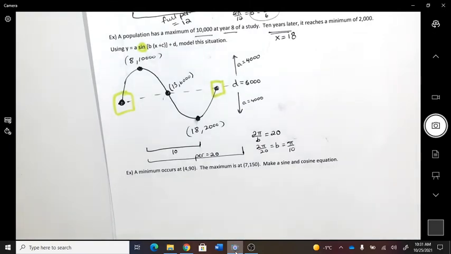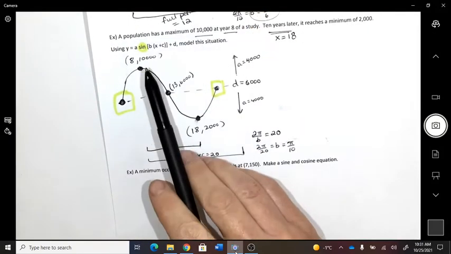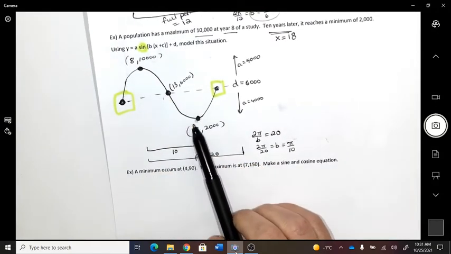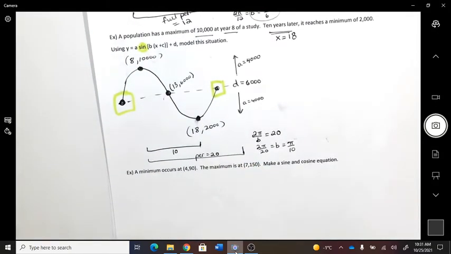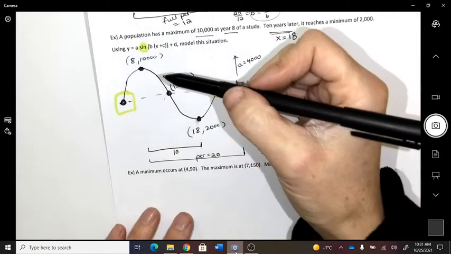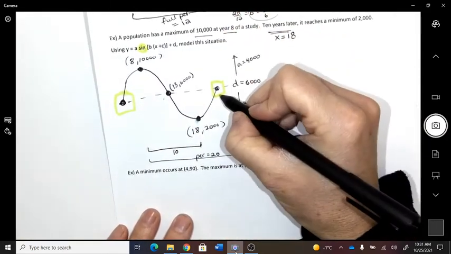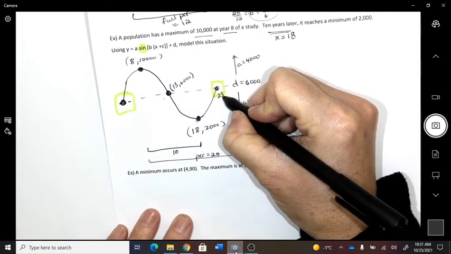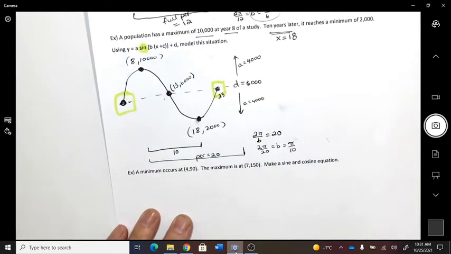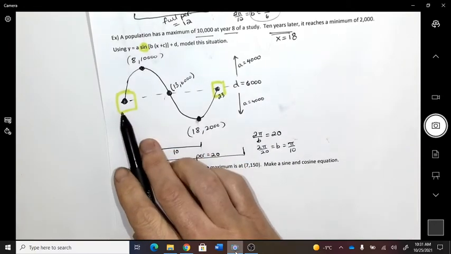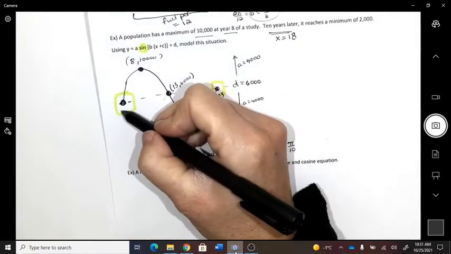Did you think about what you're jumping by? 8, 13, 18. What are your jumps? Every 5, right? So in other words, this would be a 23 x. What would this one be over here? 3.